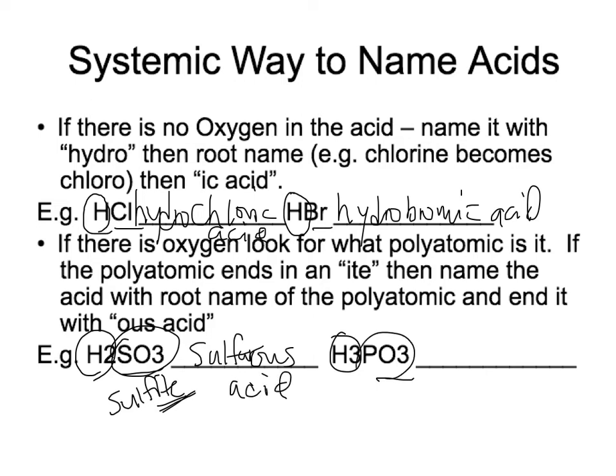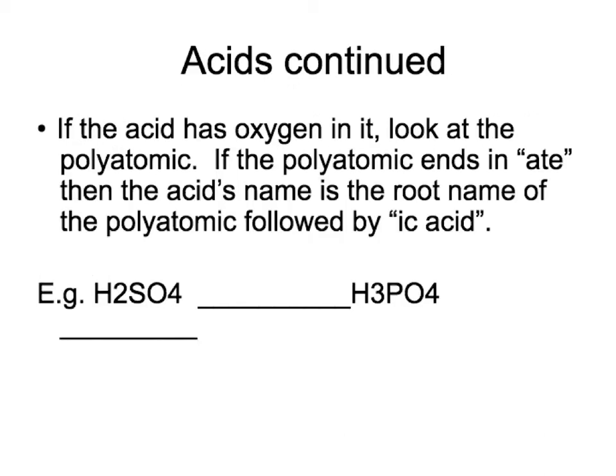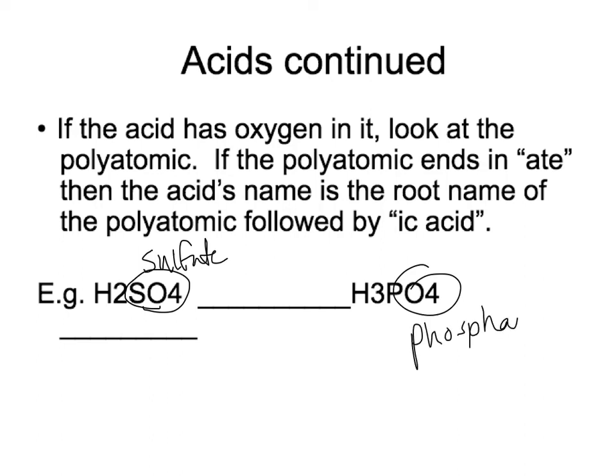Right here, this is the phosphite ion, not to be confused with the phosphate. This is the phosphite, so phosphorous acid. So sulfurous acid, phosphorous acid. So if you've got a polyatomic with a sulfate, an ate ending, phosphate, these are going to be much more common.